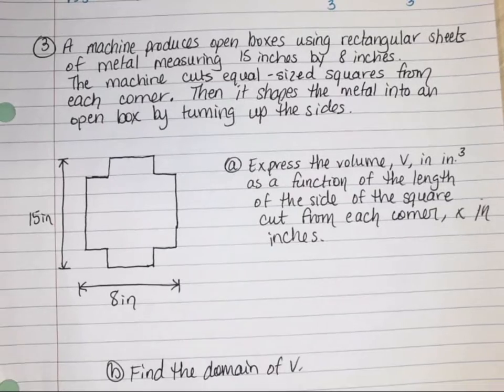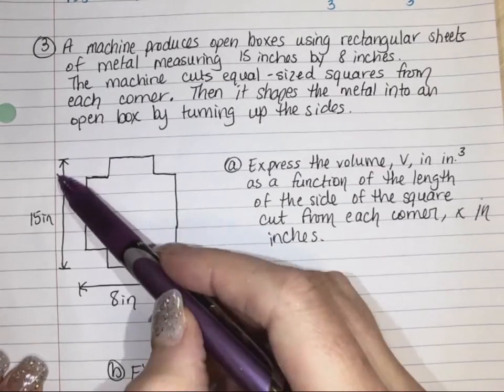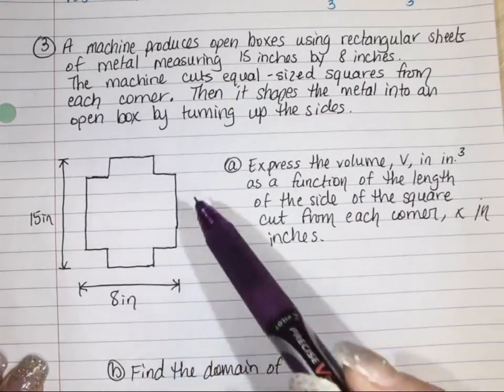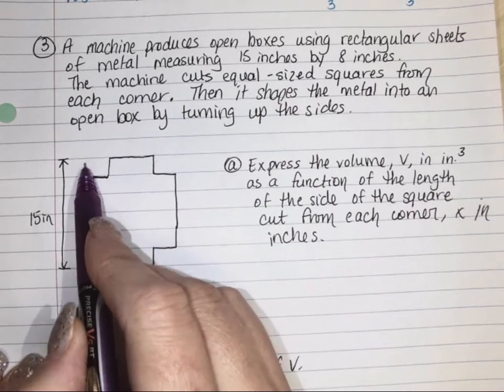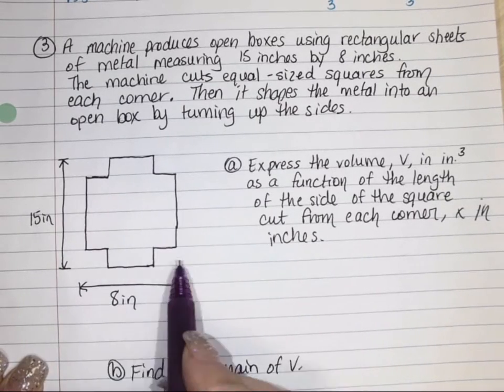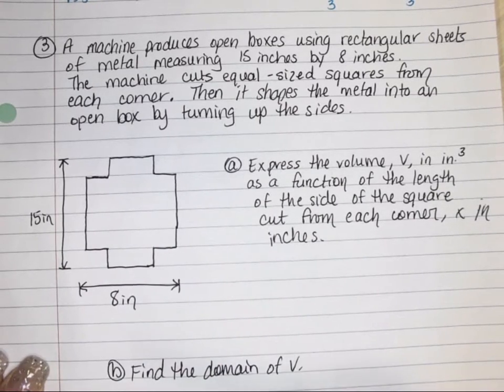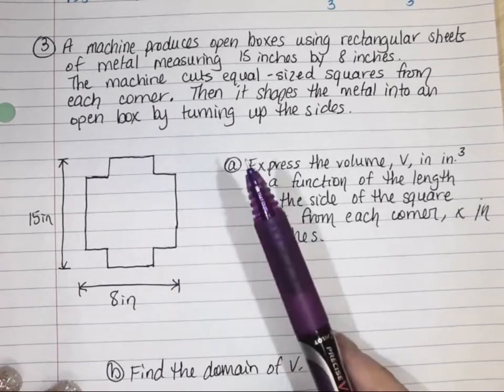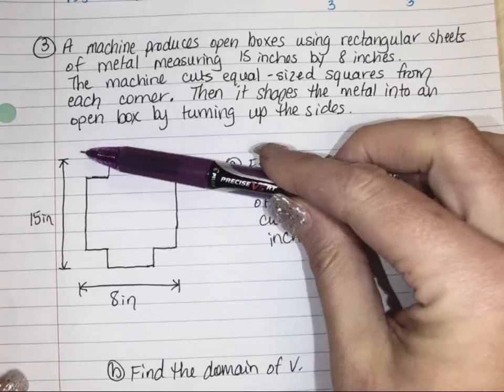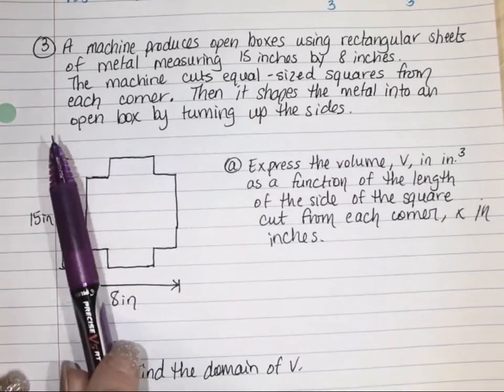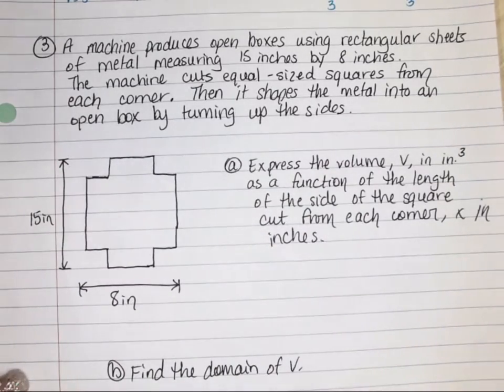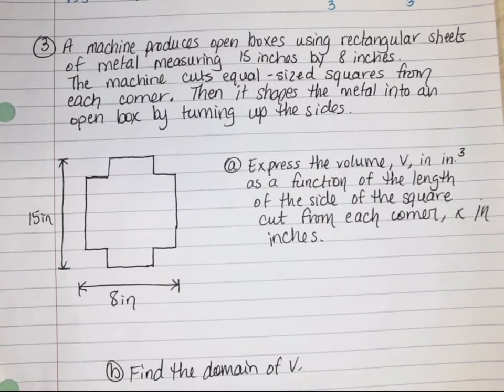The machine, so it's 15 by 8, but the machine cuts equal size squares from each corner, which I have drawn here to show you. Then what it does is it shapes the metal, so it just takes these side flaps and folds it up into a box. So if you've ever received clothes in a box at Christmas and you take the lid off, you've just got that. That's what it would resemble, is that bottom box.